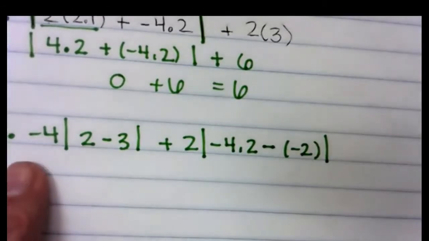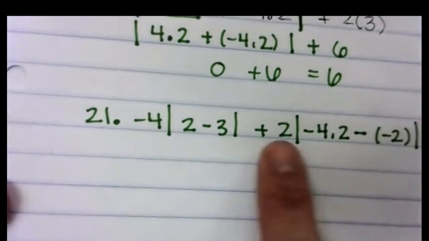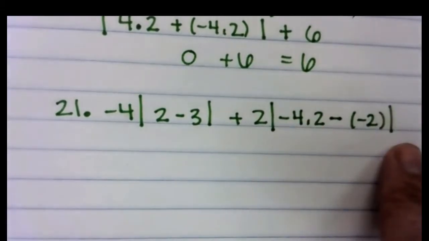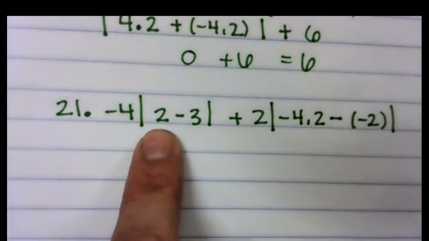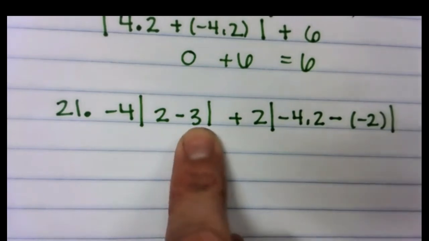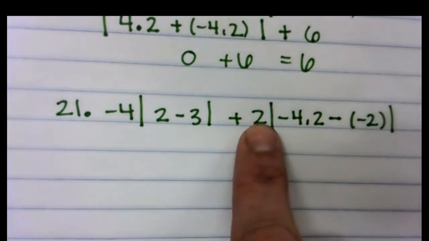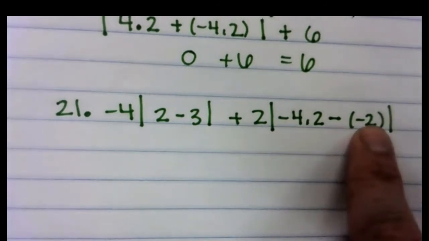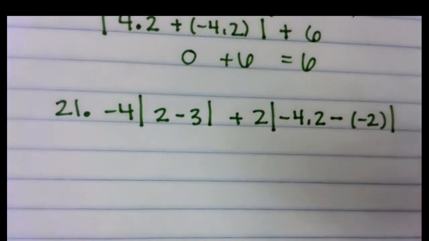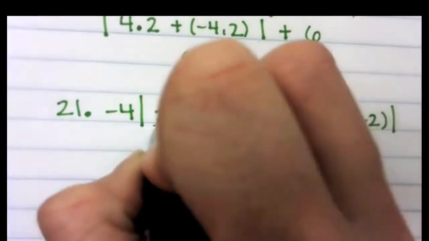All right, so for 21, fill in what you need to fill in. You have negative 4, C is 2, minus 3, plus 2, fill in Z, minus A, which is negative 2. Remember, you work inside your absolute values first.